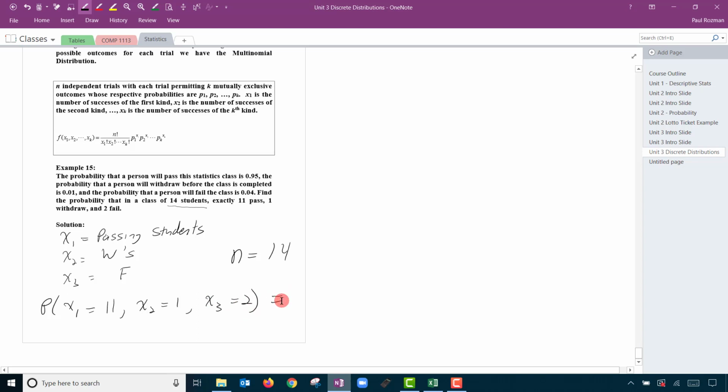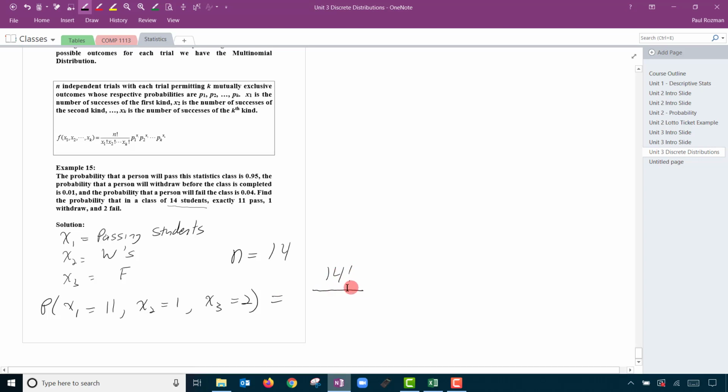This probability will be low. In fact, with these multinomials, each one will always be low because there are so many different permutations. Each individual one has to have a fairly low chance of happening, so that when they all add up, you end up with 100%. It works like this. You have 14 factorial.